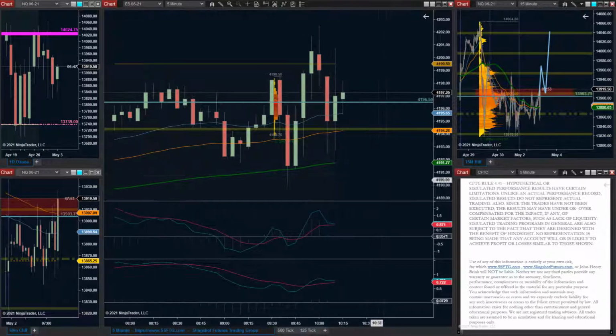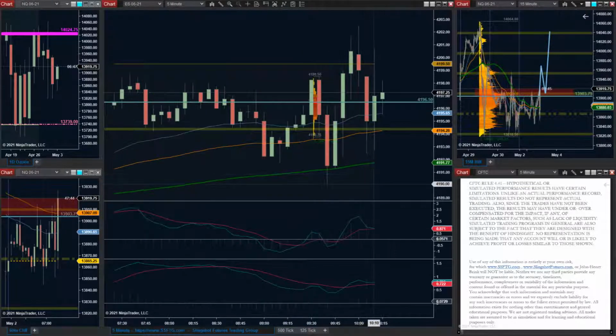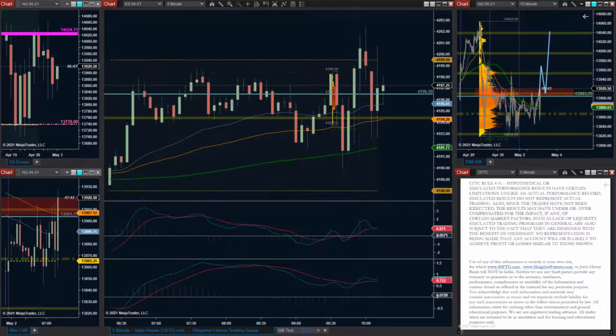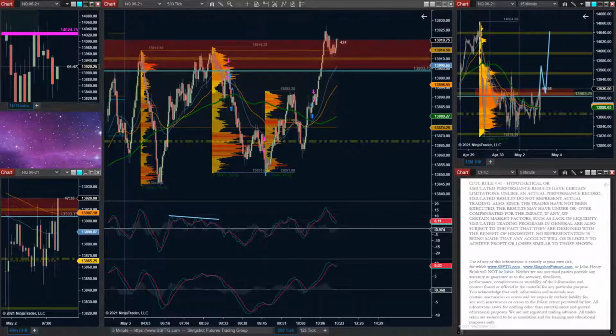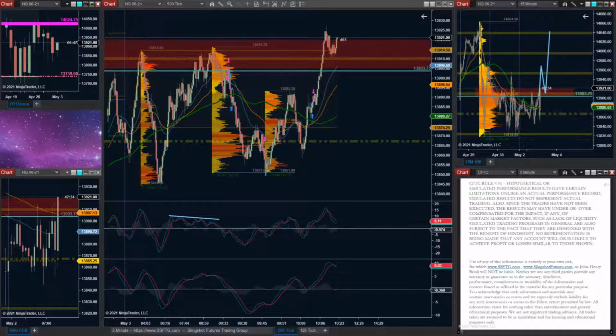I would like to find a way to have the S&P with a permanent spot on the screen. I'm just not sure how to make that work. Well, this is a daily.